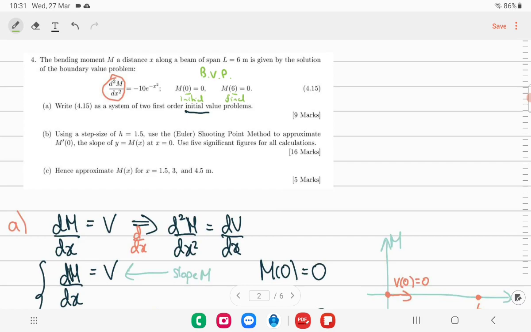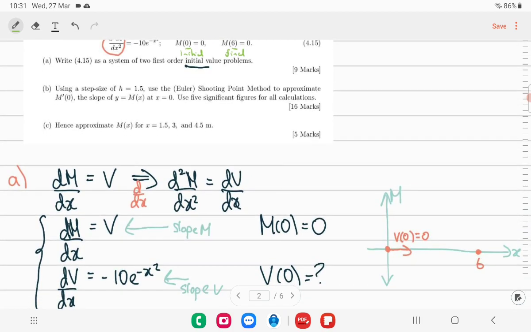So what you want to do is always to let the first derivative be a variable called v. Now, in context, a v might mean something. So if it was dx dt, and x was displacement, v would be velocity. In this context, the first derivative, dm dx equal to v, actually makes sense as well because it's what's called the shear force.